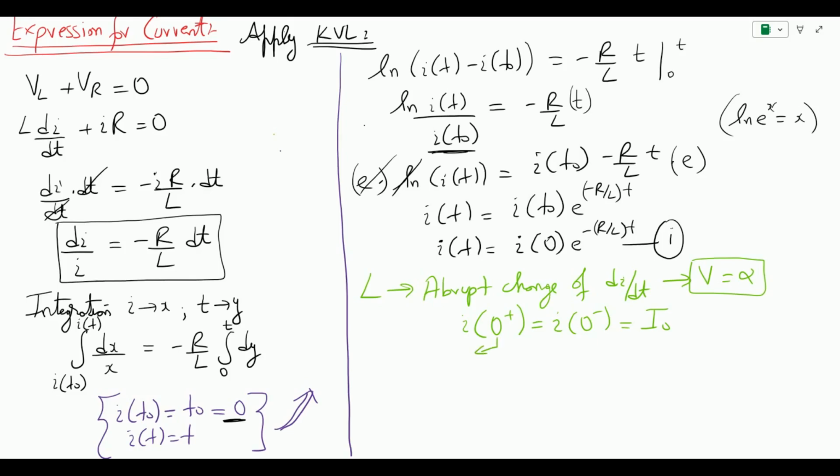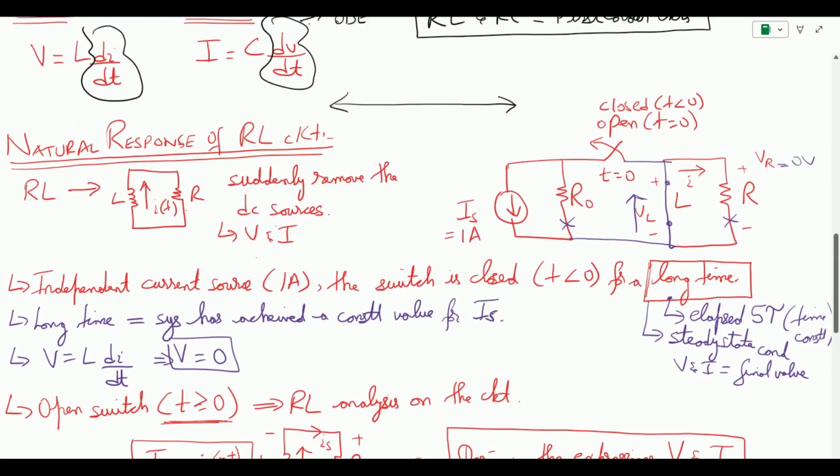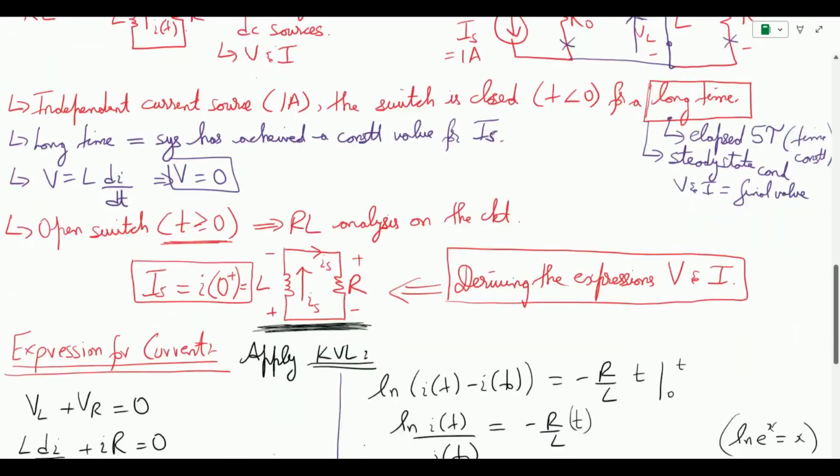So this is the current immediately available after switching. Which switching? This is the switching that we talk about at t is equal to 0. So the moment that we open the switch at t is equal to 0, what is the current that is going to appear?